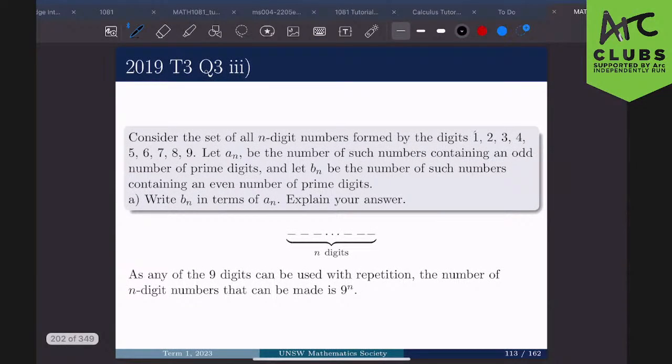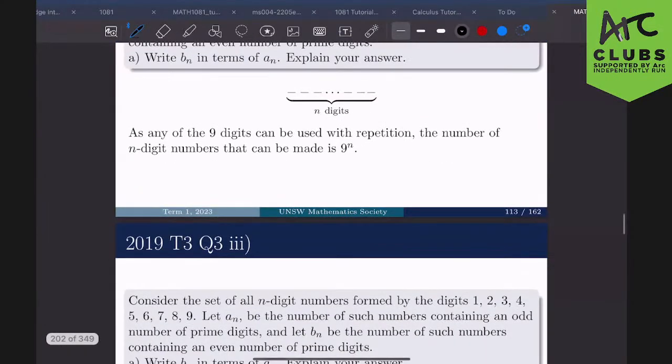They've given you the digits available. There's no 0, right? So each gap will only have 9 options. And yes, with repetition.